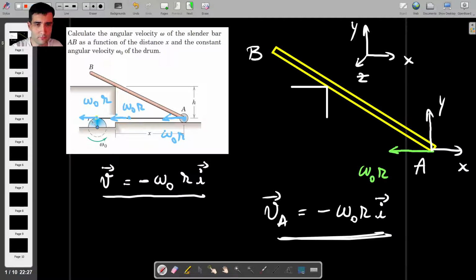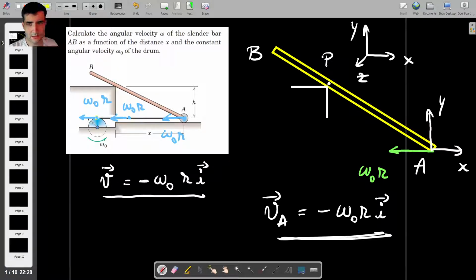Now, to do this, we're going to call this point here, let's say, P, right? So point P has a special property, which is that it's leaning against the corner, and as a result its velocity is such that it cannot go into the corner or detach or fly away from the corner, right?